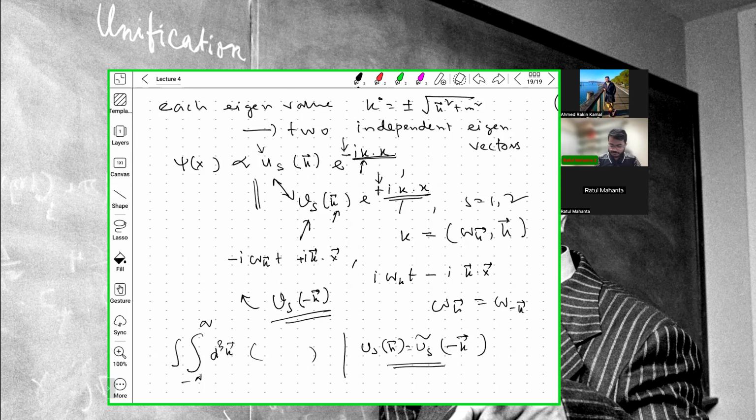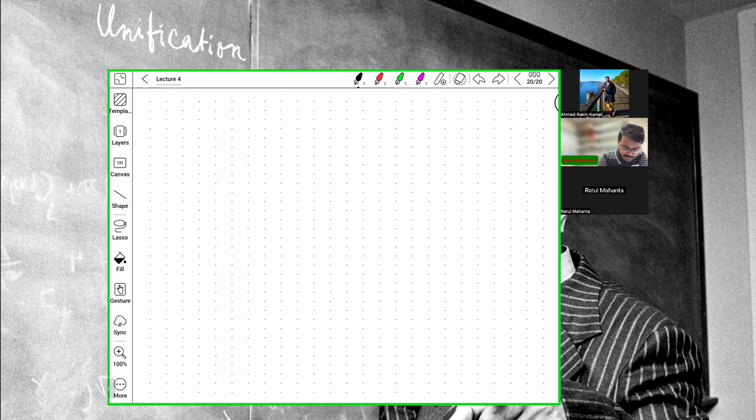And we'll plug these two types of solutions into the Dirac equation. Okay, so if it is confusing, let's plug in both of them. The first one we have already seen, plugging into the Dirac equation. This one we should try to plug into the Dirac equation. You will get these relations.